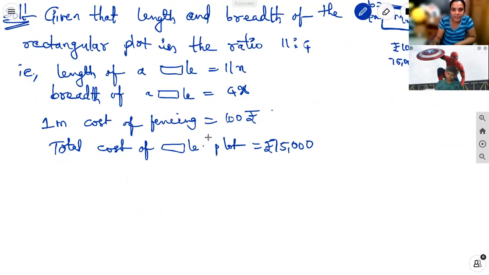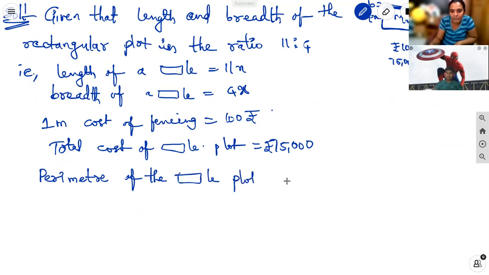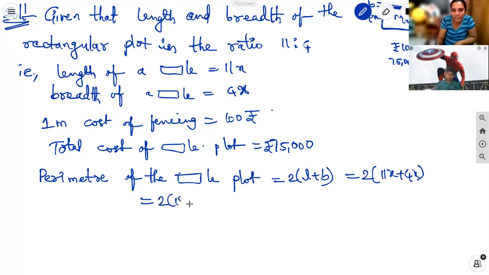Fencing is nothing but the perimeter of the rectangle. Perimeter of the rectangular plot equal to 2 into (L plus B) equal to 2 into (11x plus 4x) equal to 2 into 15x.